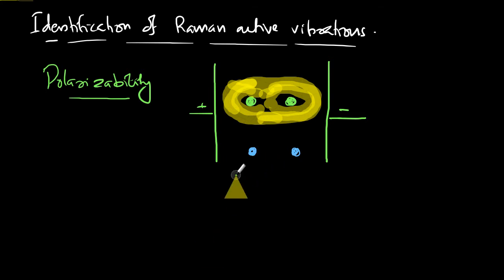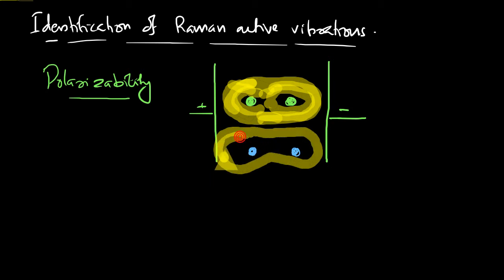You can see that the electronic charge cloud will be more towards the positive end of the electric field, and the electronic charge cloud towards the negative side is reduced.